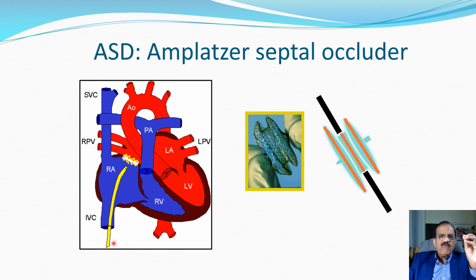When passed, it will be compressed, and once deployed it will take this shape. Now this is the picture I've drawn. Suppose this part is the defect, and this disc will be placed in such a way that one part will be on the left side, the other part on the right side, and this would occlude the defect. So nice. Just with a catheter you can block this abnormal communication.